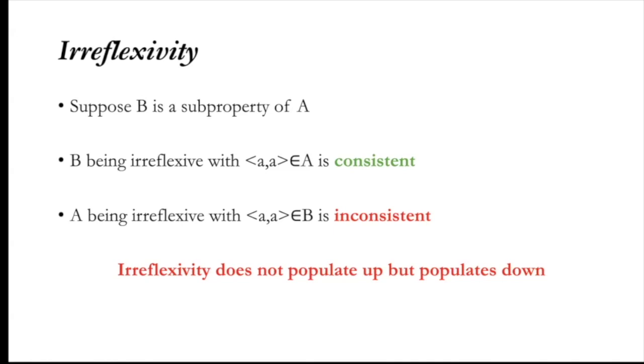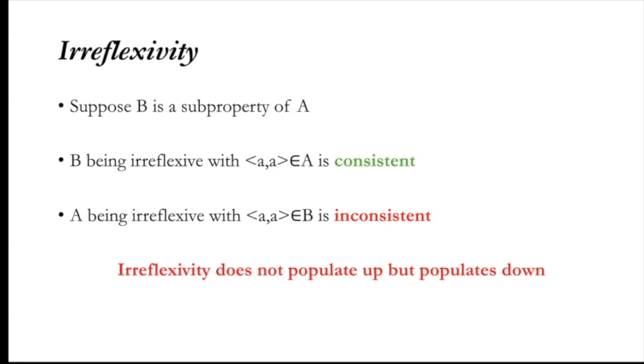And this is how I tested it. This is another heuristic. I made B irreflexive, and then I dropped A as an individual that is related to itself under A as a property. I just created instances and related them to each other, to themselves. I ran a reasoner, and it was consistent.